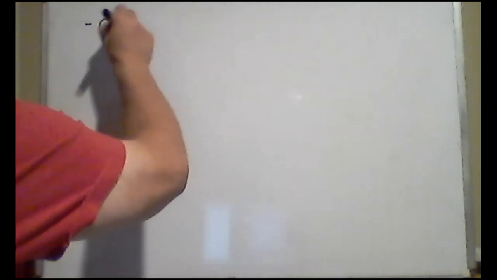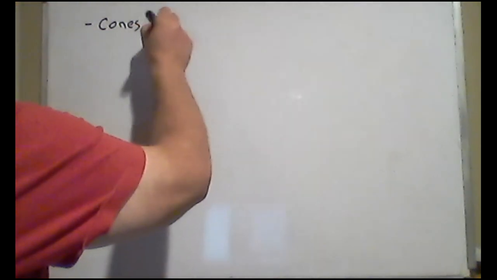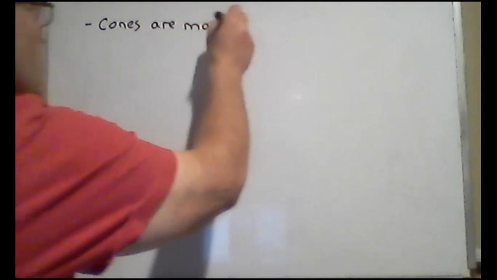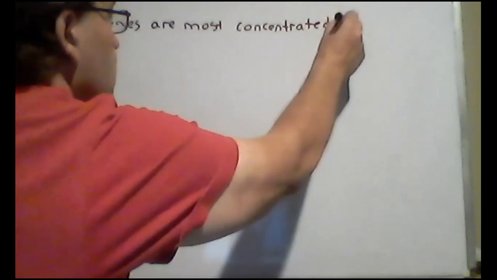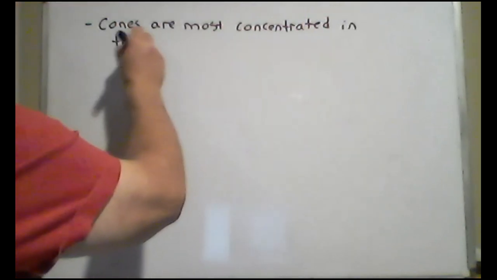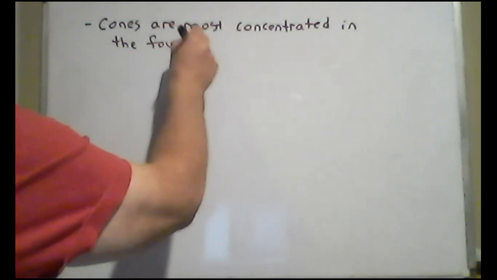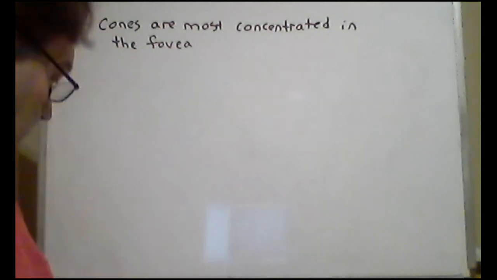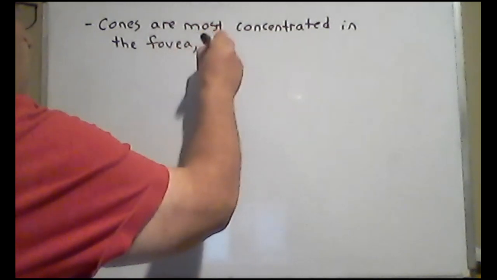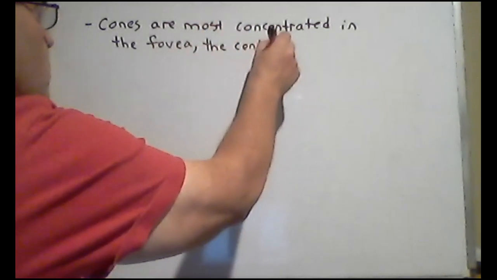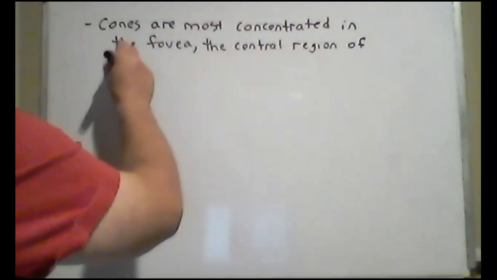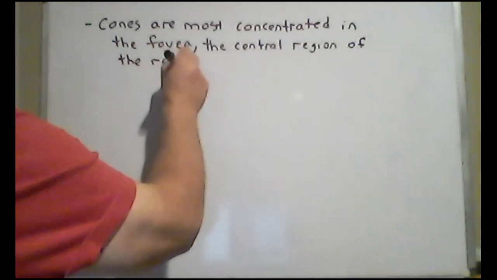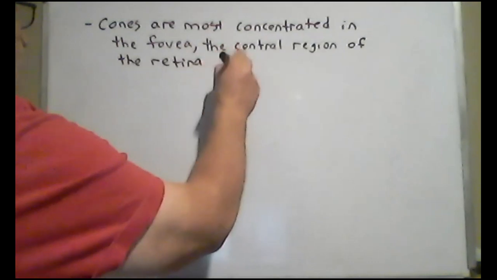So cones are most concentrated in the fovea. Okay, that's the central region of the retina. There are no rods here.